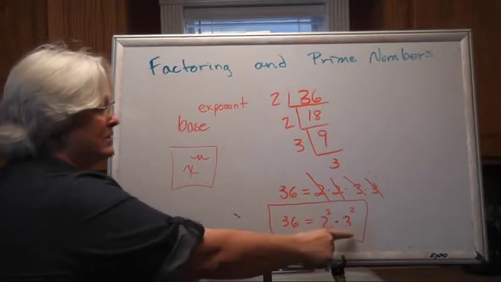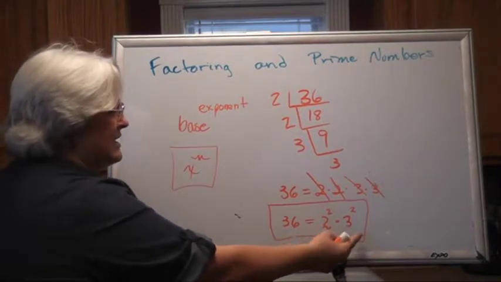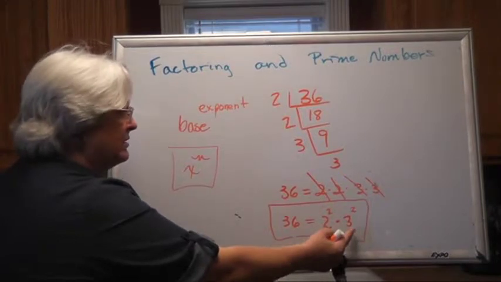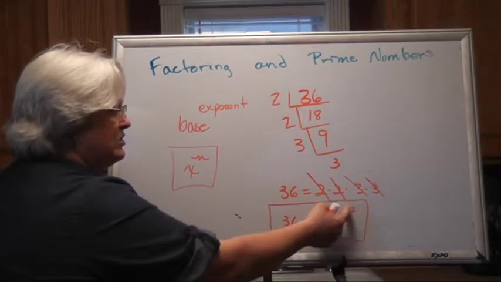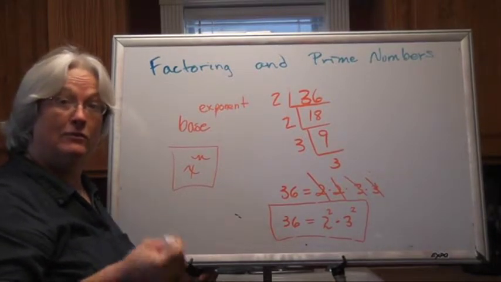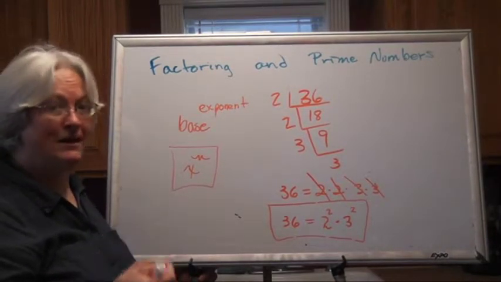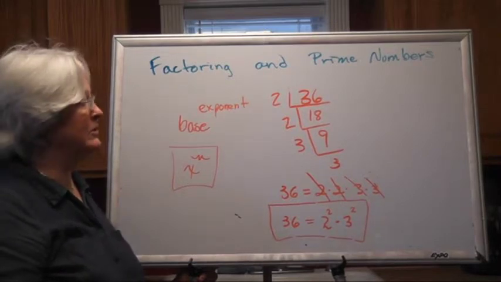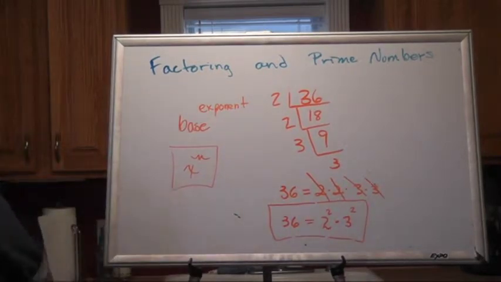We've expressed this as a product of primes using exponential form. It's that vocabulary. You've got to get to the vocabulary. I know it's tedious, but that's what you have to do. So this is what we're going to do when we are prime factoring numbers.